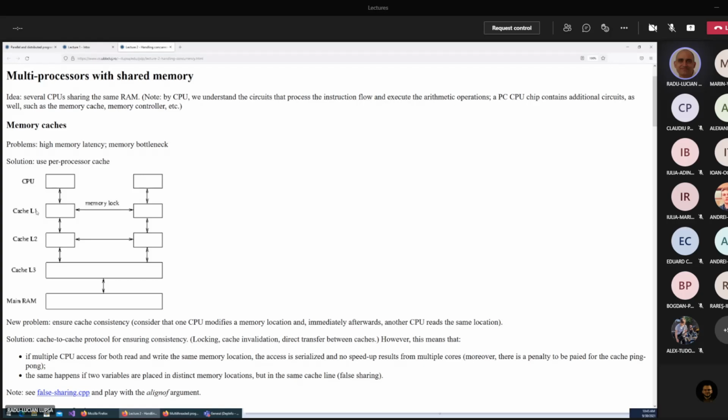But then you run into another problem. What happens if two CPUs want to access the same variable? Then, if this CPU wants to access a variable, it will be loaded eventually into the level 1 cache of this CPU. But now, if this CPU wants the same variable, it needs to somehow realize that the variable is in the cache here.